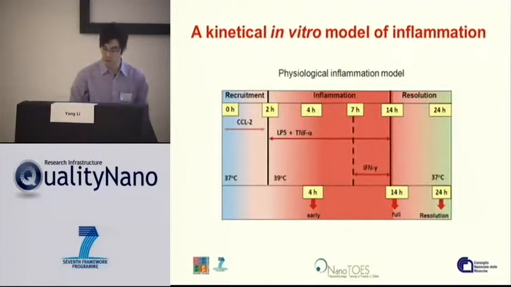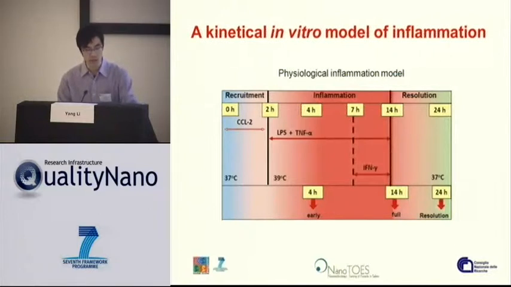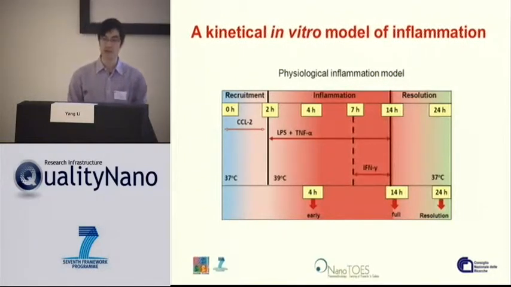From 0 to 2 hours, we give CCL2 to mimic monocyte recruitment from the blood. Then from 2 hours to 14 hours, we give different stimulations. At first, we only give LPS and TNF-alpha to mimic early inflammation.